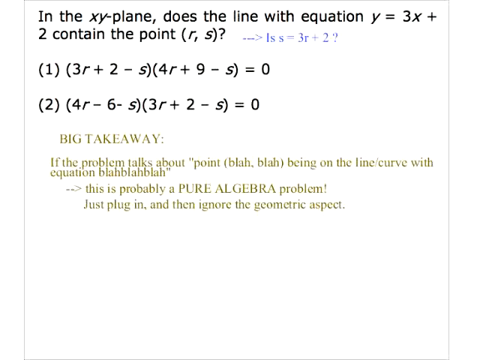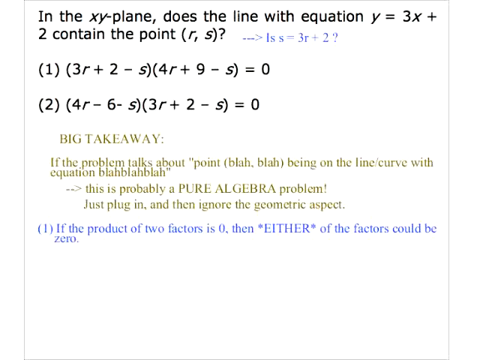Let's talk about it. Statement 1 means either, and this is a big takeaway if you didn't get this right: if the product of two factors is 0, then either, not both, of the factors could be 0.